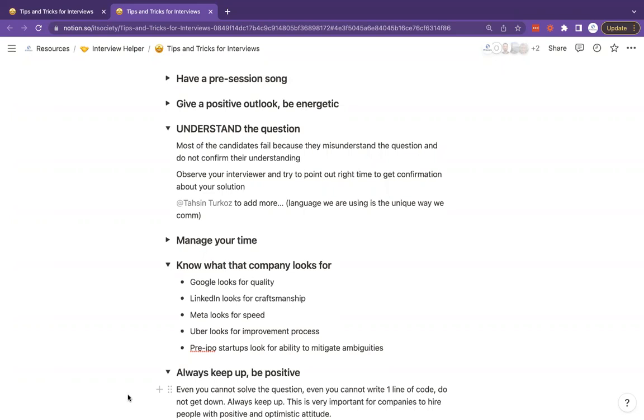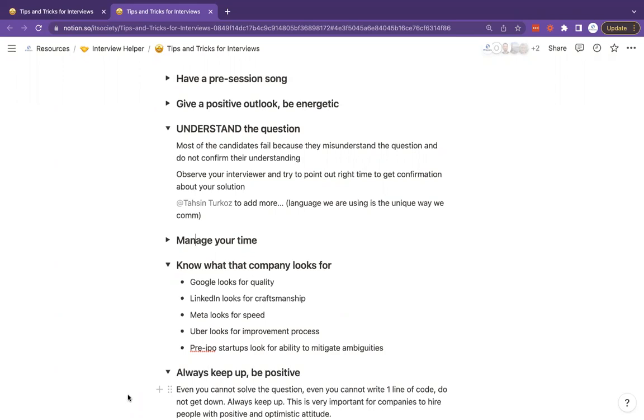This is very important feedback, Tahsin, from the point of view of an interviewer. So candidates should understand that many chances are given, actually. Even if you fail during an interview, just keep yourself up and be positive. I even heard some stories of people passing the on-site interviews without solving questions because their attitude is very important for companies.